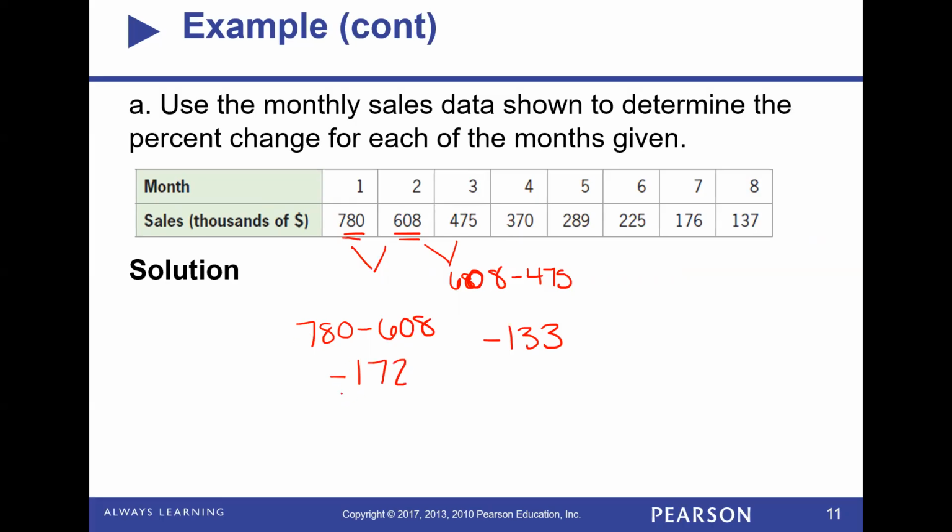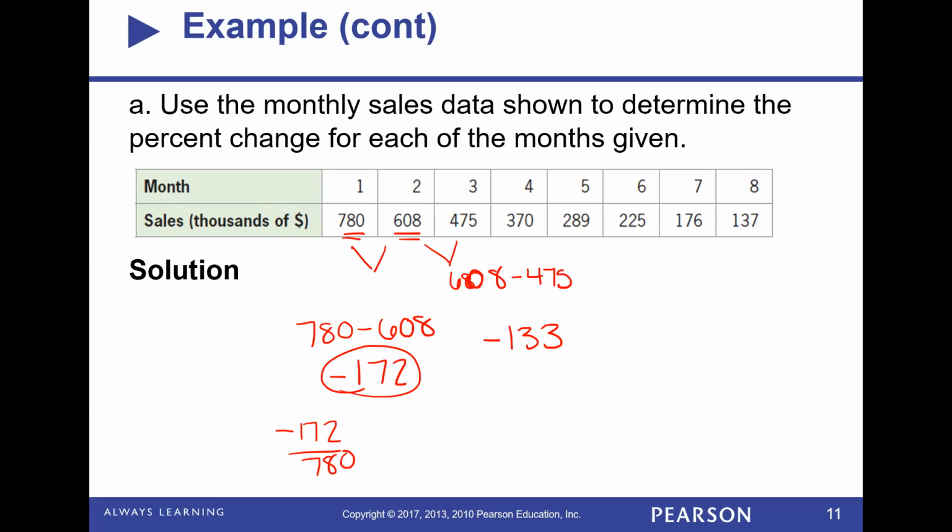Now, what we're going to do is take this number here, negative 172, and divide it by 780. And when we do that, negative 172 divided by 780, that's going to give me my percent change. Now it is going to be in a decimal, so keep that in mind, ladies and gentlemen. It does give it to you in a decimal.